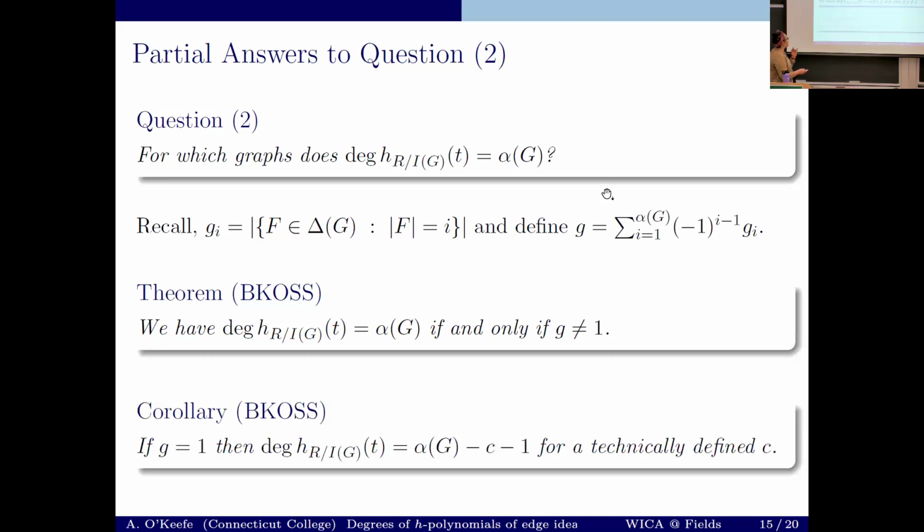As a corollary to the proof of this, which is technical and involves sums of binomial coefficients and canceling, we get that we can still calculate what the degree of the h-polynomial is if the alternating sum of G is equal to 1. And it's the independence number minus 1 minus this technically defined constant that I'm not going to go through here.